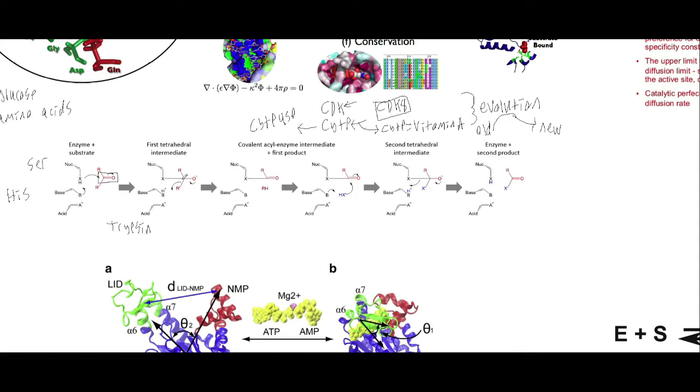And then this oxygen will have the electrons come back down, reforming that double bond. And I mean, sometimes it might go to here and kick this back off, but the active site will probably hold this intermediate in a position where having this get kicked off is more favorable.